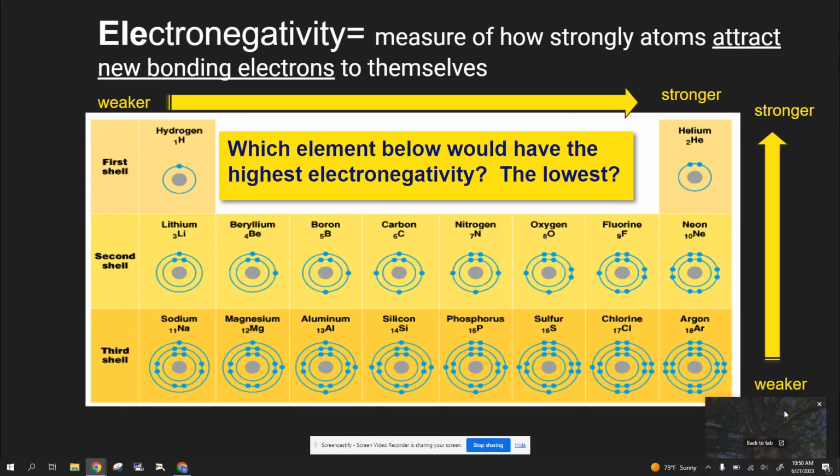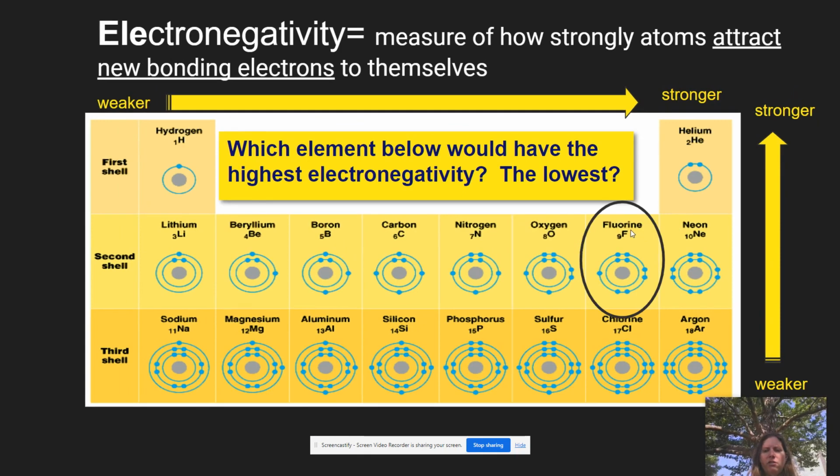So that means that in the top right corner, you're going to have the strongest pull for electrons. Electronegativity is a little bit more specific, though, in that you have to attract new electrons. And so the most electronegative is actually fluorine. Helium is already full. It's not going to gain any more valence electrons. And so fluorine is going to have the highest electronegativity.